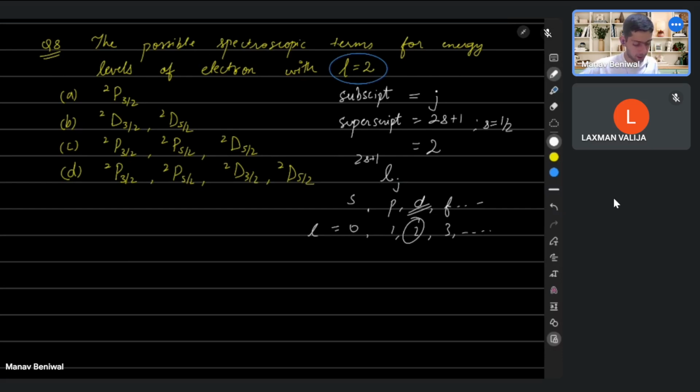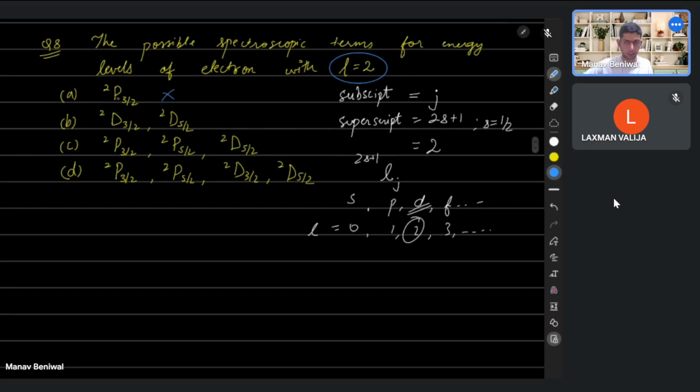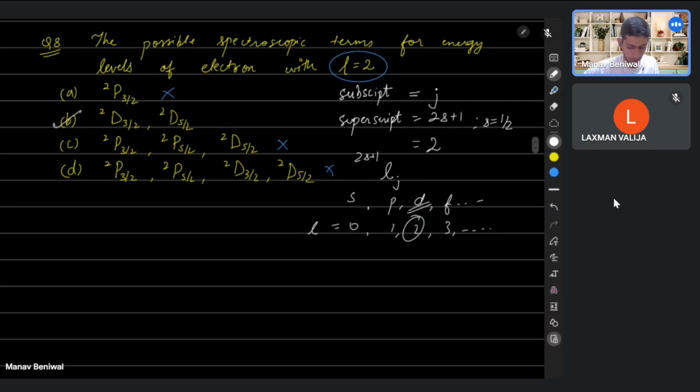For the possible spectroscopic terms, our notation should have D in the middle, right? So we can straight away eliminate option A, because it has P and P is L equals 1. Option B is okay. Option C has P, which is not allowed, and option D has P, which is also not allowed. So the correct option will be option B.